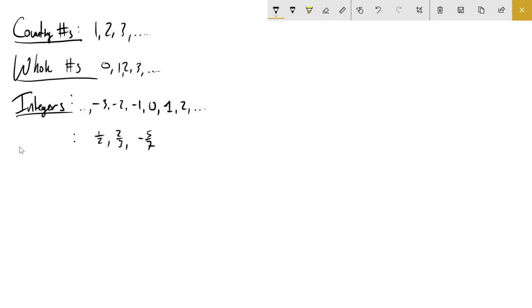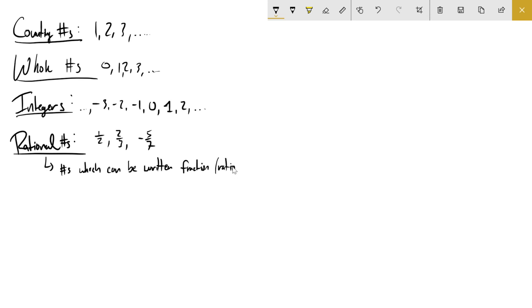If you throw in the fractions, these are called the rational numbers. The reason they're called rational is that these are numbers which can be written as a fraction, and another name for a fraction is a ratio. So any number that can be written as a fraction is considered rational.